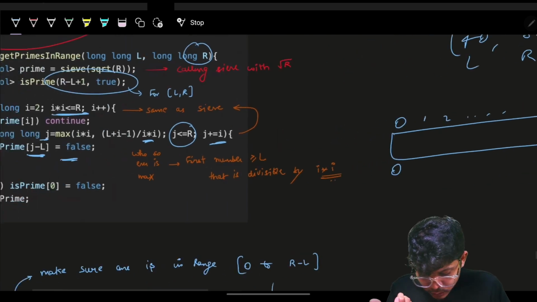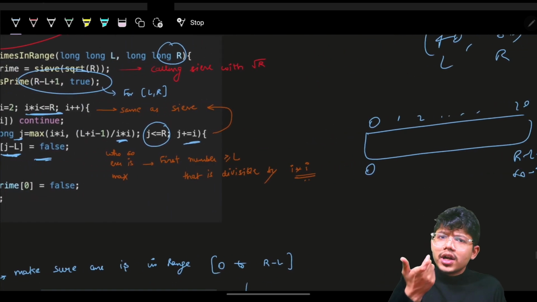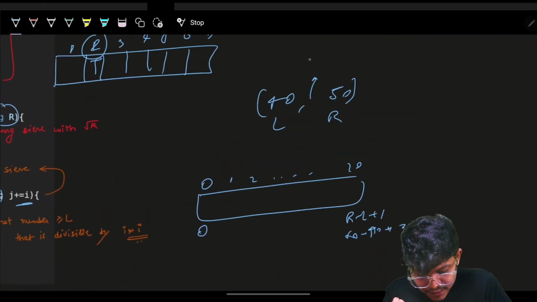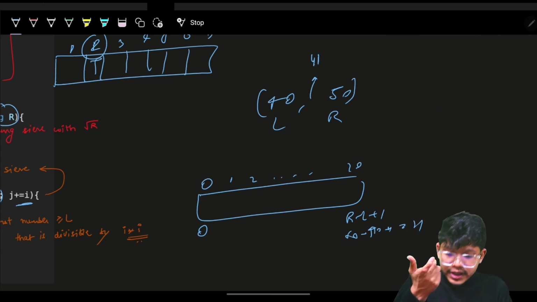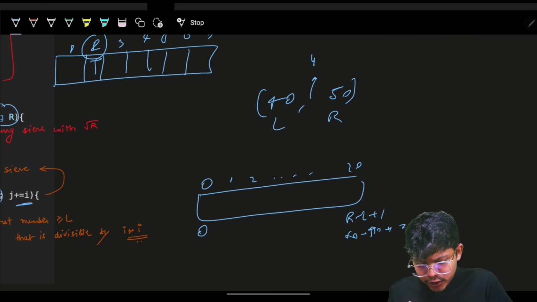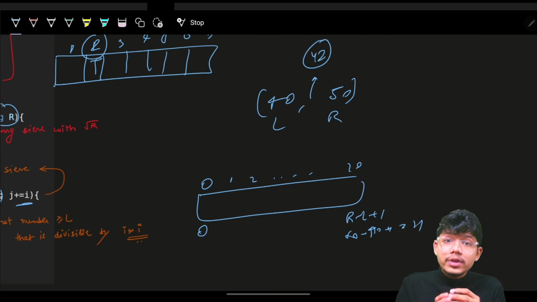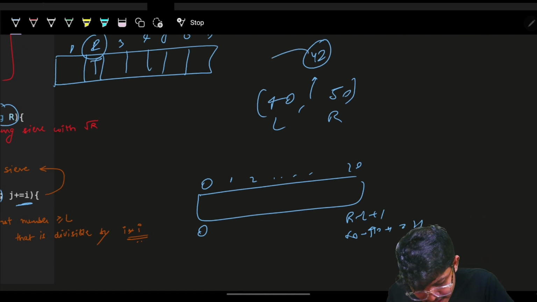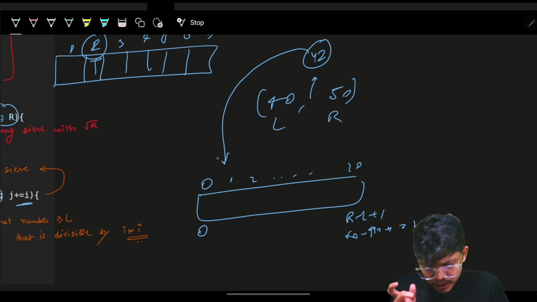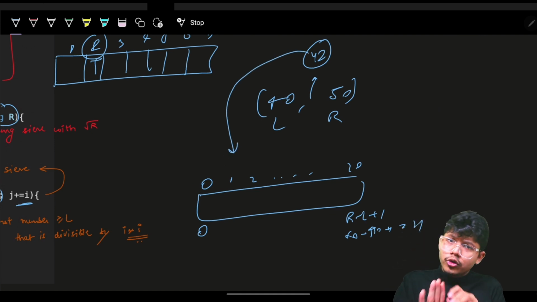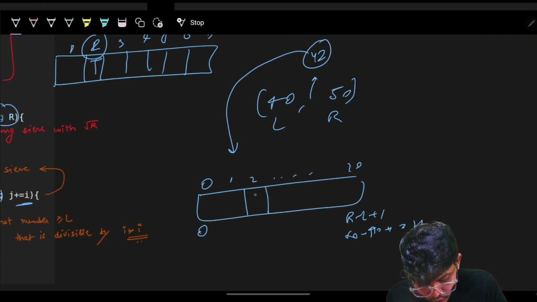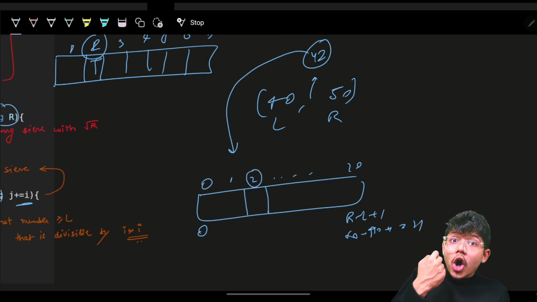Now if I ask you to populate your current element j, let's say 42 is actually not a prime number. So in this array, you will simply mark index 2 as false.